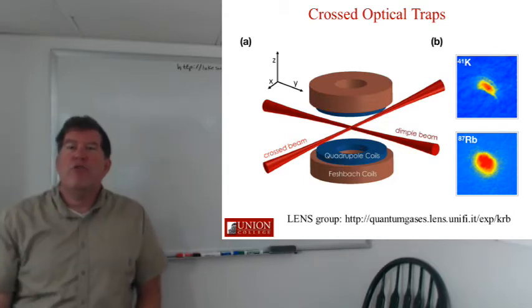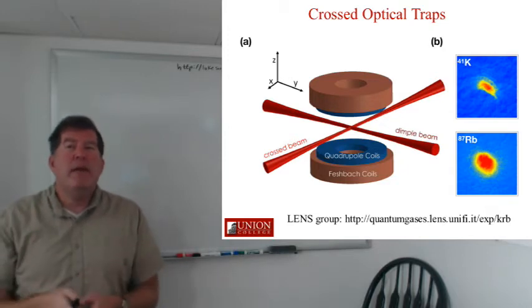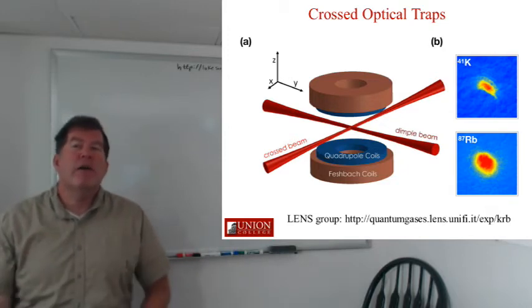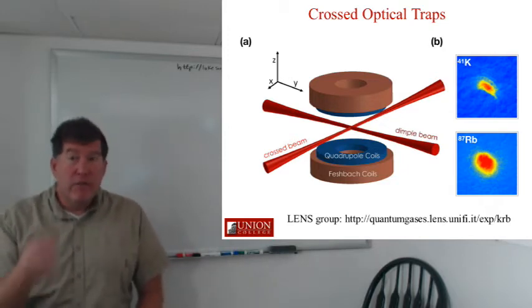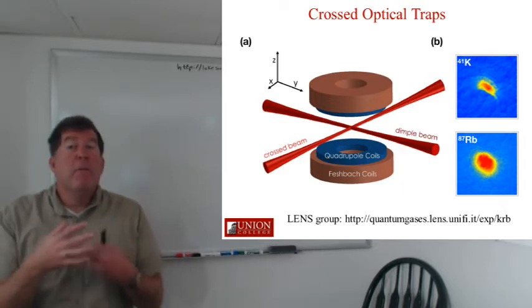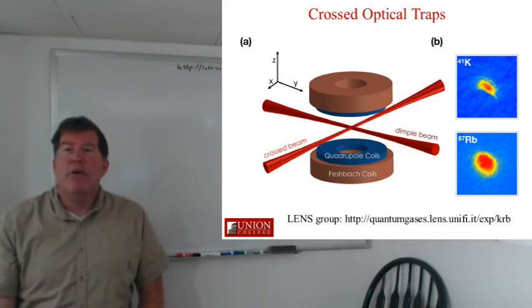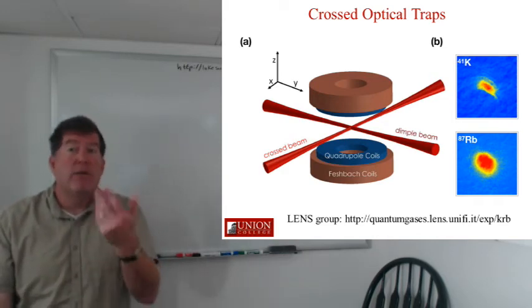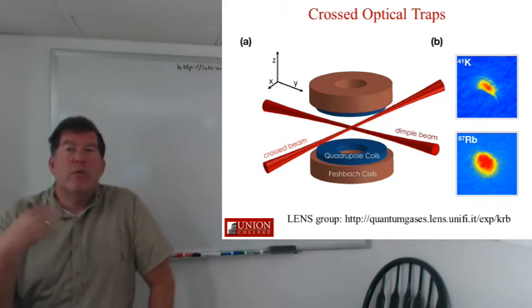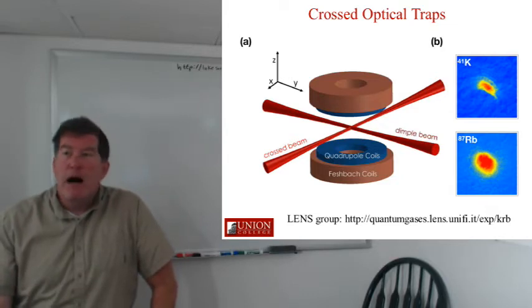It makes a trap for atoms that's not all that deep. You need to start with very cold atoms to hold them in that trap. But this works great for, in these pictures here, either a sample of potassium atoms or, again, these rubidium-87 atoms that are the ones that we're really going to care about.